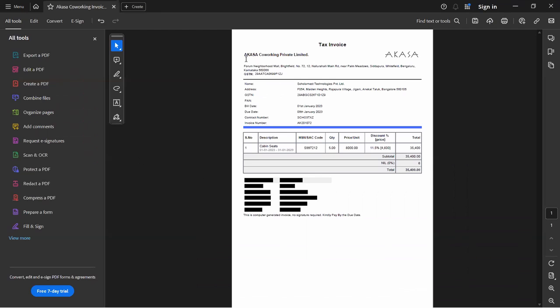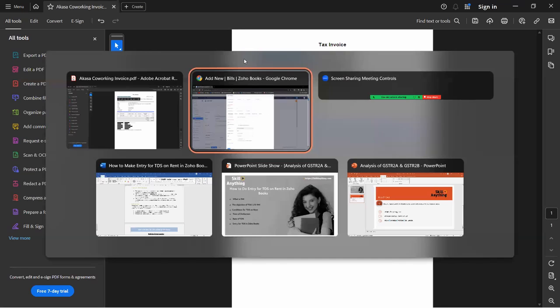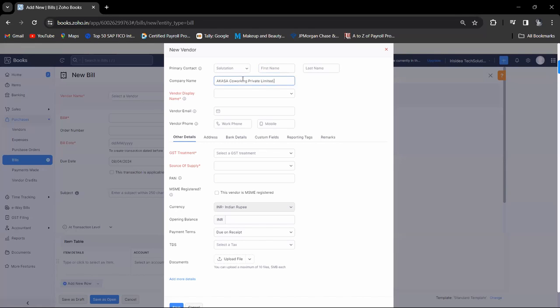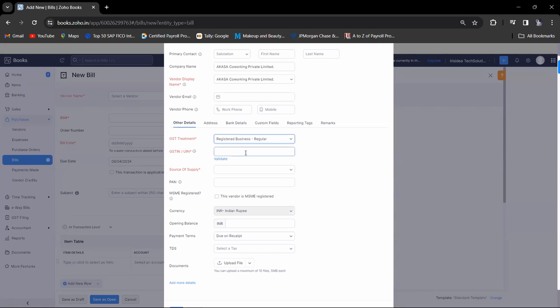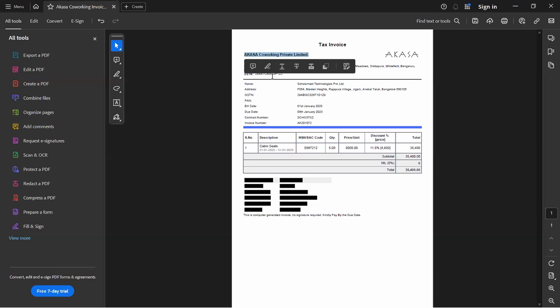I'm showing one invoice to you. You can enter vendor email and mobile number. It is a registered one, then enter the GSTN number.